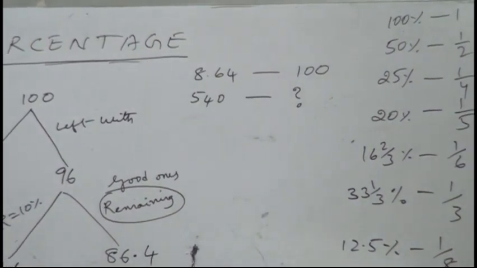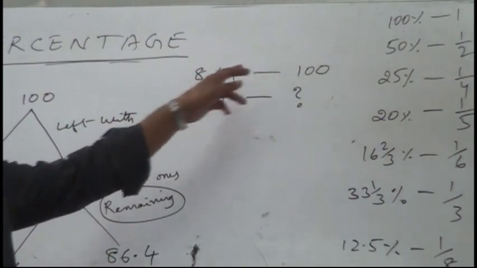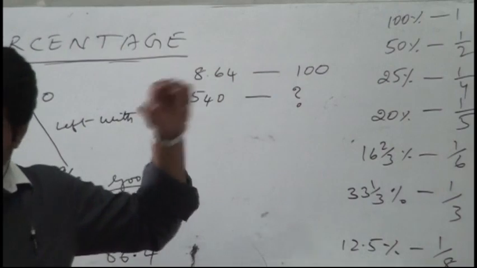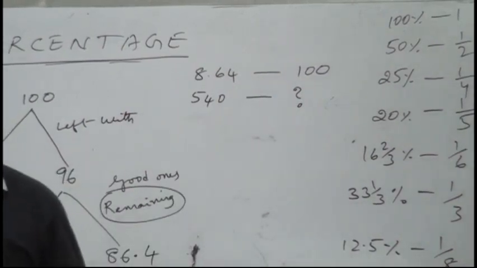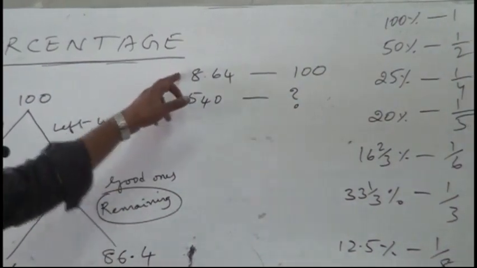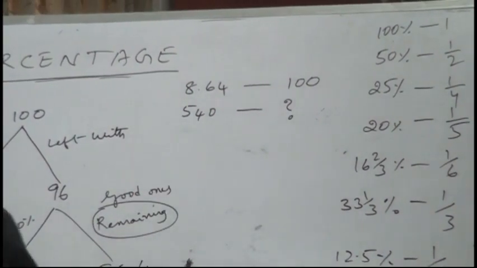So if 540 is remaining, what is the total? Because they are in proportion, right? Direct variation, right? So if this increases, this also increases. If I buy more, I will be left with more. If I buy less, I will be left with less.